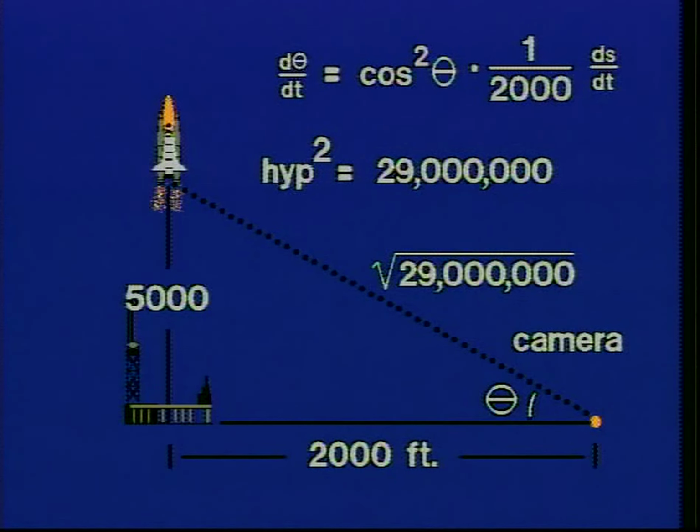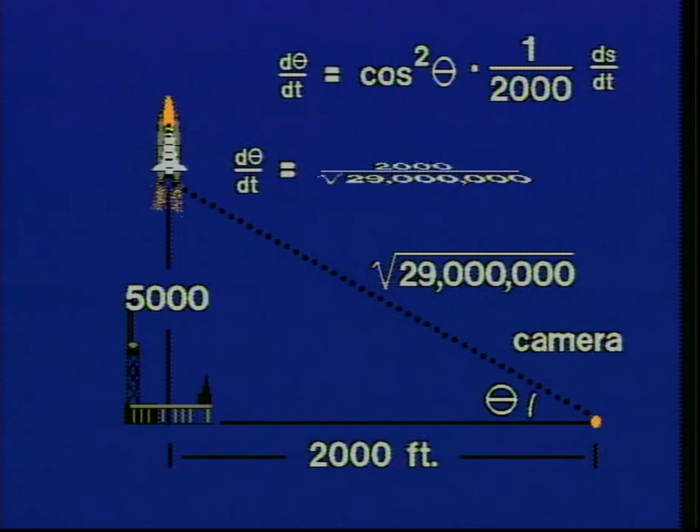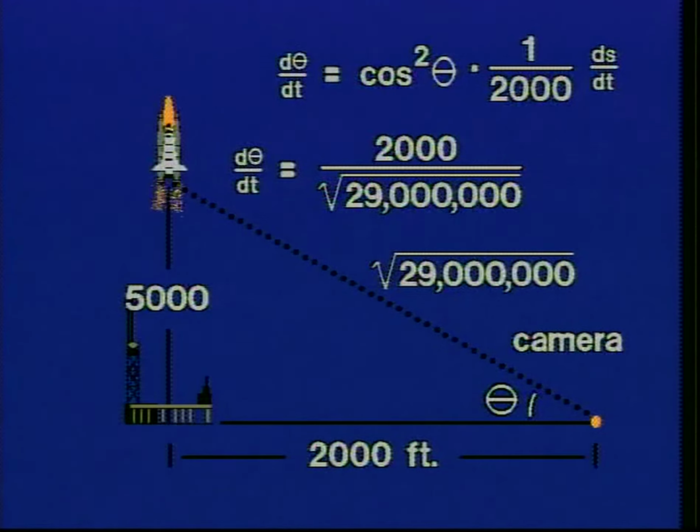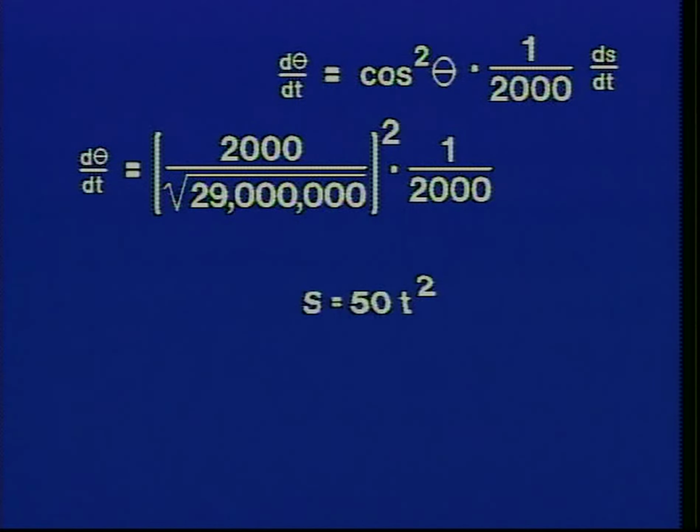Well, now we can talk about the cosine of theta, and of course cosine squared theta. Cosine theta is 2,000 over the square root of 29 million, and since we were talking in the previous step about cosine squared theta, all of this is to be squared. Then the 1 over 2,000 just comes down. The ds dt, though, is rather interesting. This is the derivative of S with respect to time. We can just go to our basic position equation and find that.